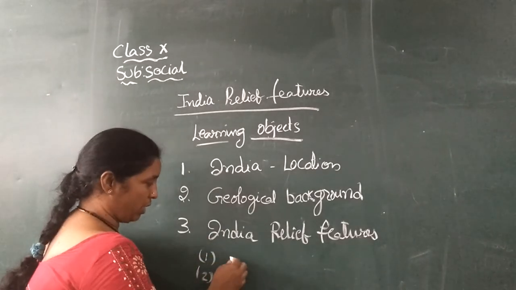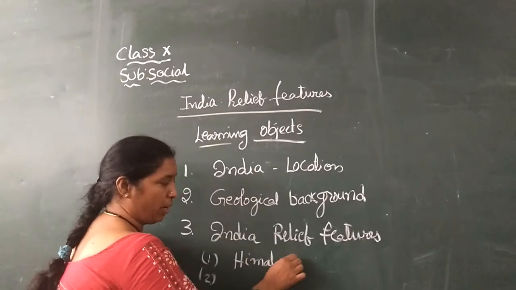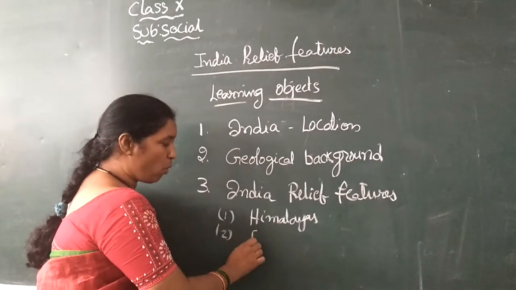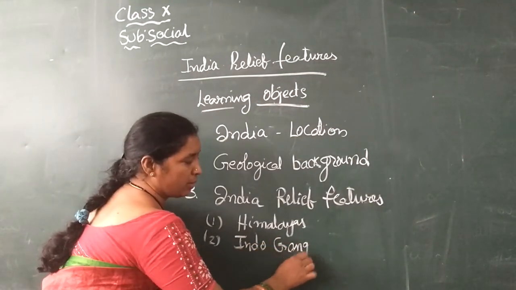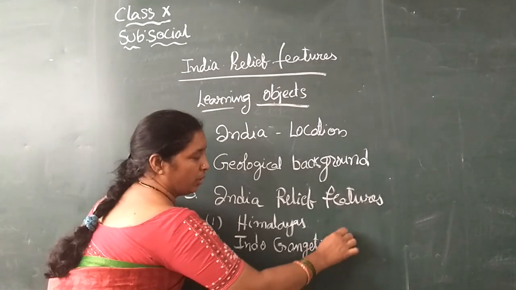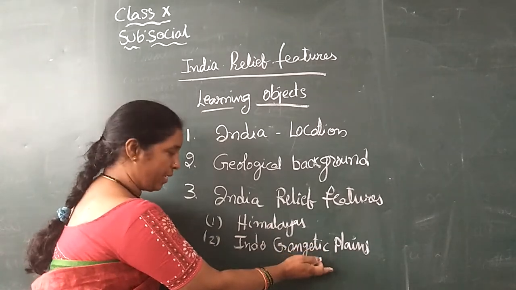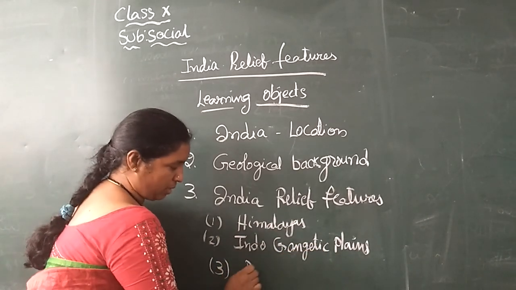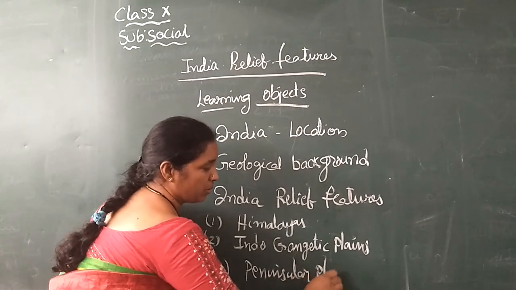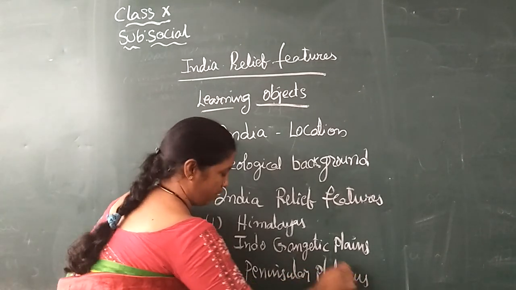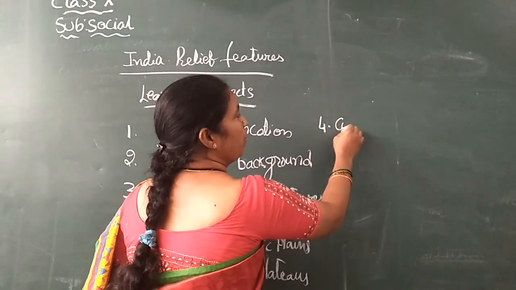What are they? First one is the Himalayas, formed as mountains. Next is the Indo-Gangetic Plains. That means mountains, plains, and then plateaus, the peninsular plateaus. Fourth one is coastal plains.